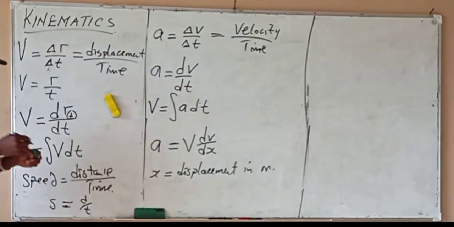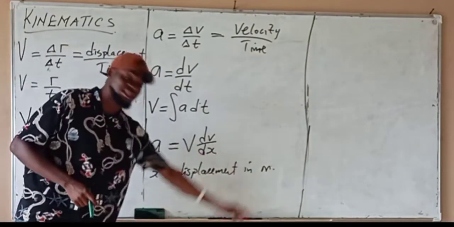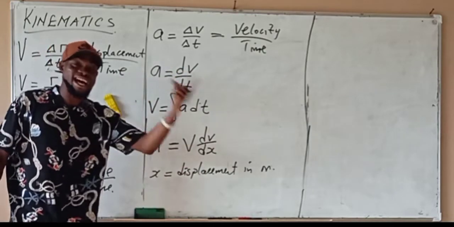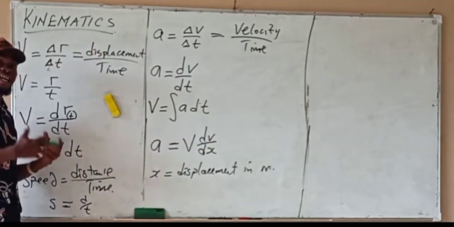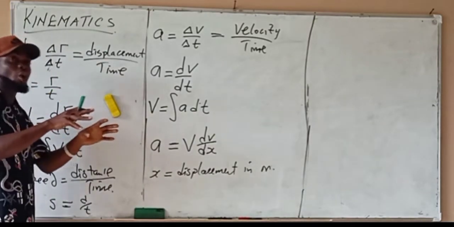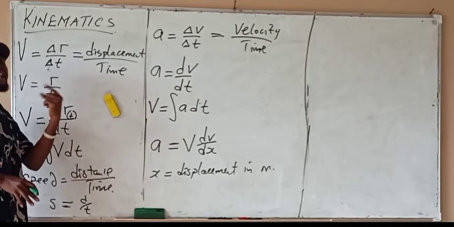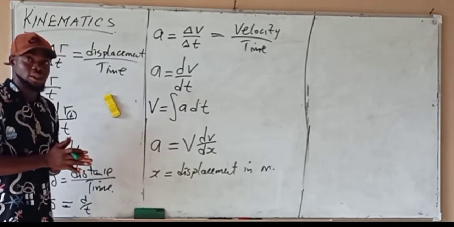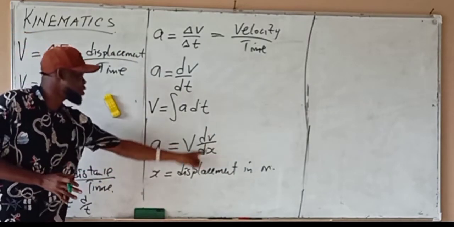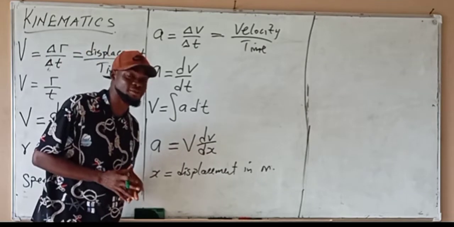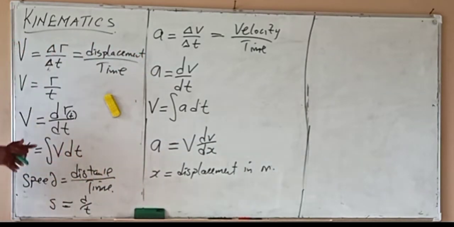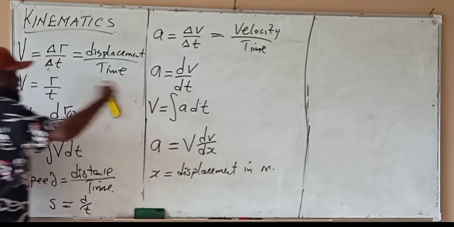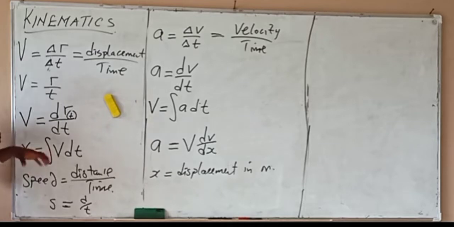If v is given as a function of time, acceleration will be dv over dt. But if v is given as a function of displacement, acceleration will be v dv over ds, where s is the displacement. Take note of that. Very important. Follow me. Where v is velocity, dv over ds is the differential coefficient of velocity.